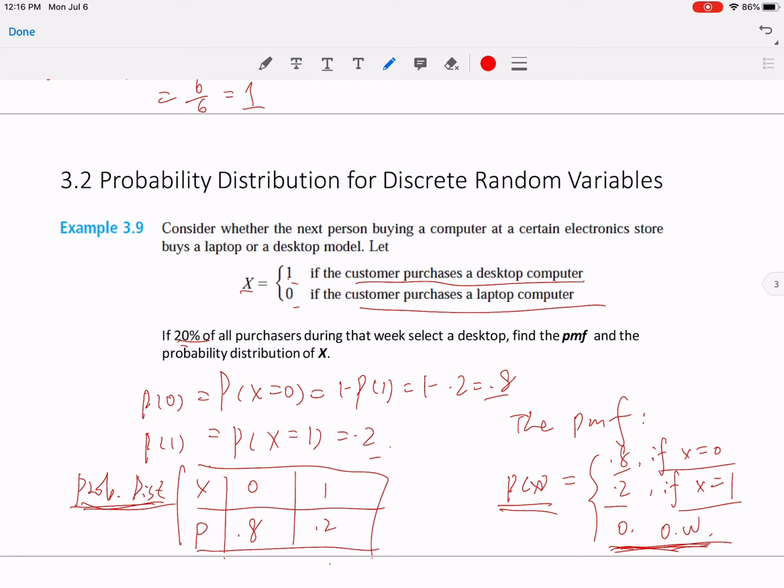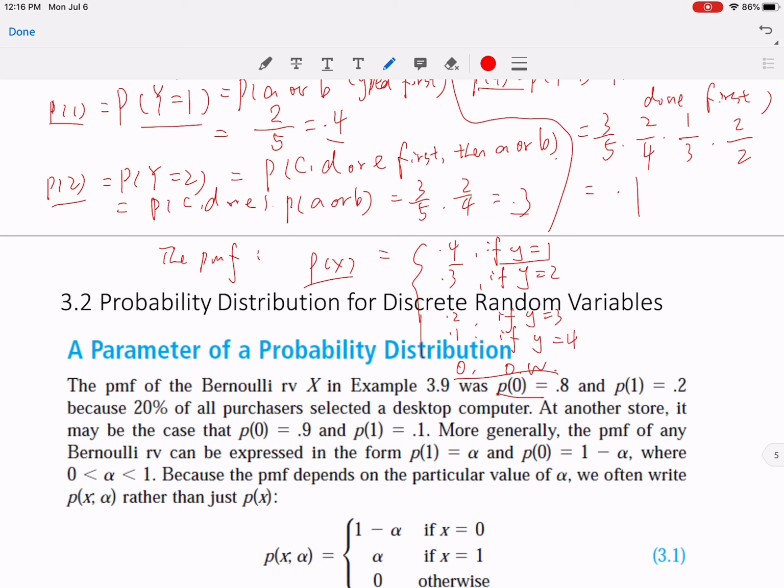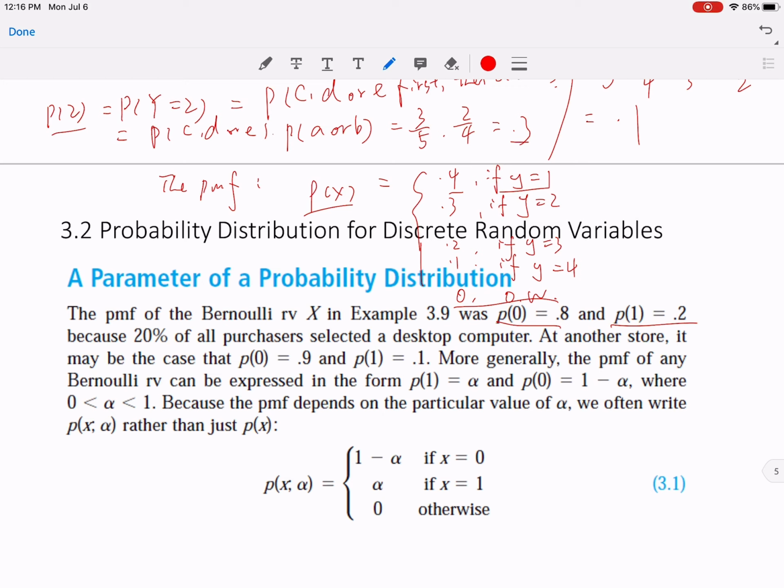There are only 2 possible values, 0 and 1. So we call this kind of random variable a Bernoulli random variable. The PMF in example 3.9 was P of 0 is 0.8 and P of 1 is 0.2, because 20% of all purchasers selected a desktop computer. At another store, it may be the case that P of 0 is 0.9, P of 1 is 0.1.